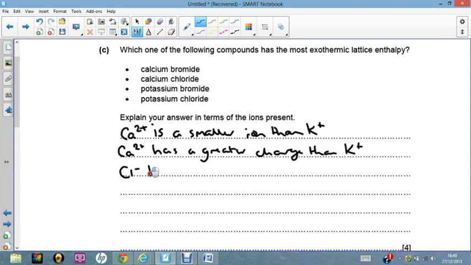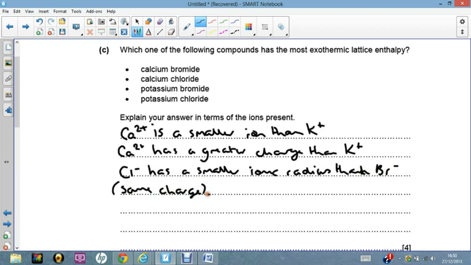So chloride, okay, marks in this bit. You'll get 1 for either one of them, 1 for this.